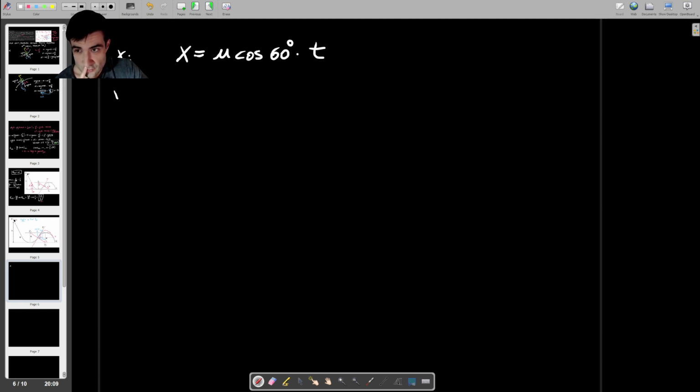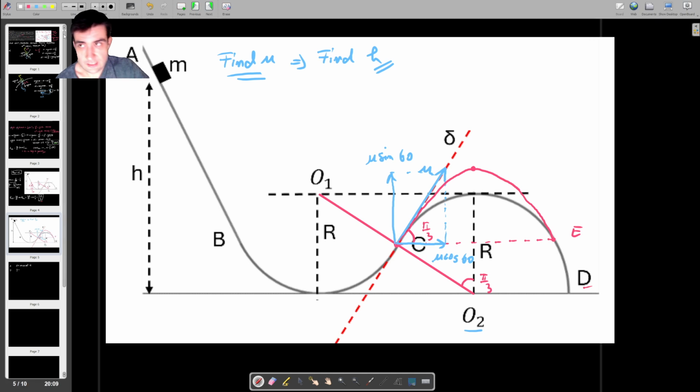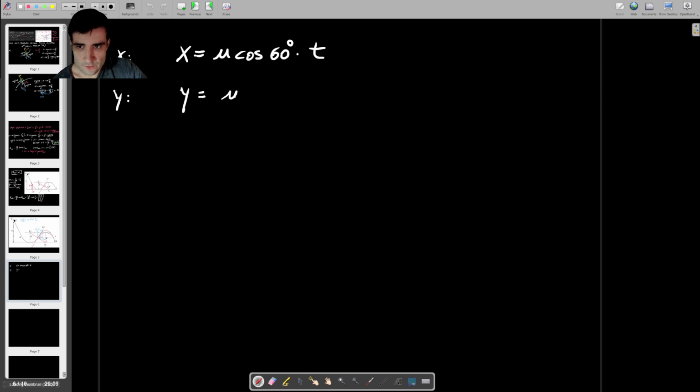And for the y direction, if we use this CE line as our datum, we get y equal to u sine 60 times t minus g over 2 t squared.